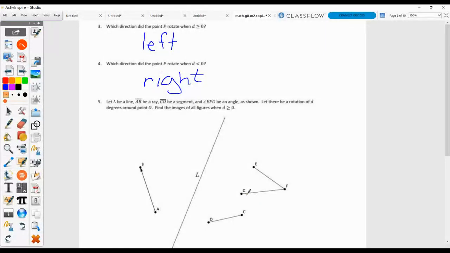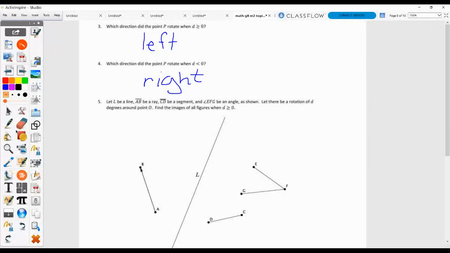We also have angle EFG. Then it says, let there be a rotation of D degrees around point O. Round point O. I keep saying 0. I'm sorry, guys. Find the images of all figures if D is greater than or equal to 0.